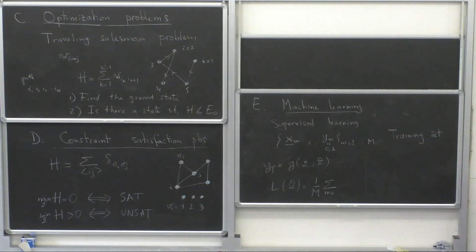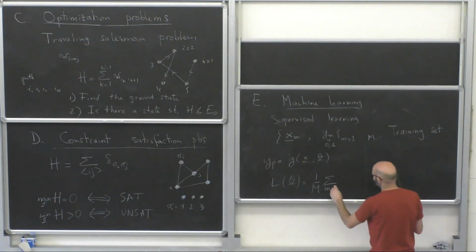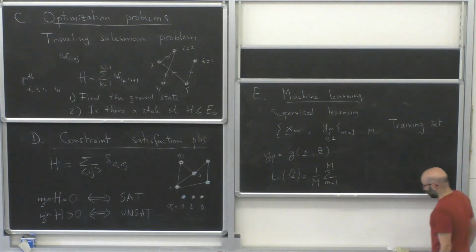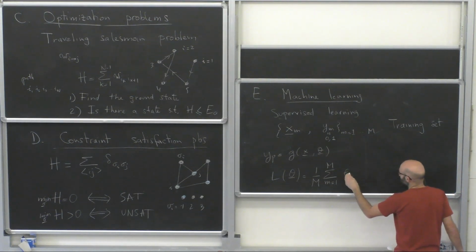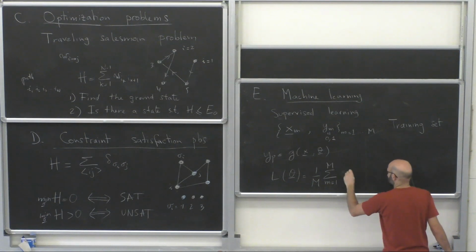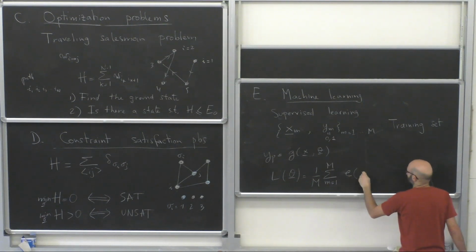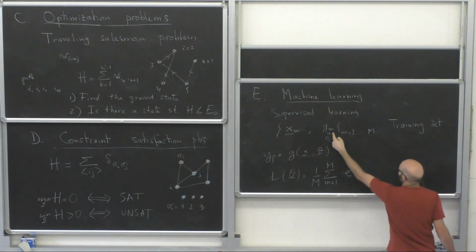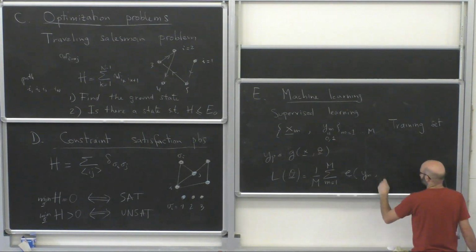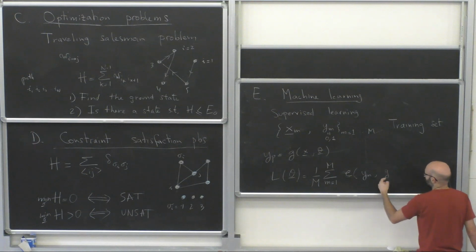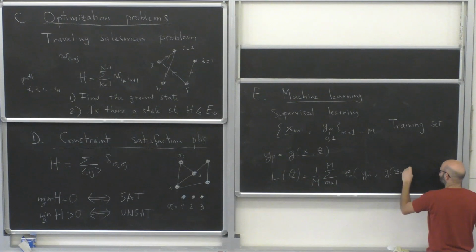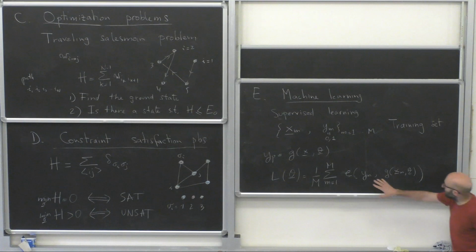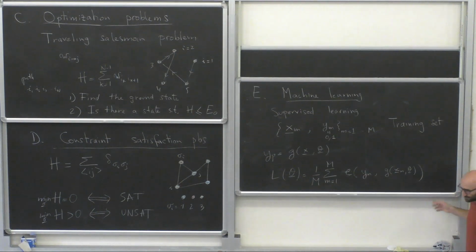You define this loss with a certain function E that depends on the true label of your point and the predicted label. The predicted label is the function G. And this gives you a measure of the quality of the prediction.